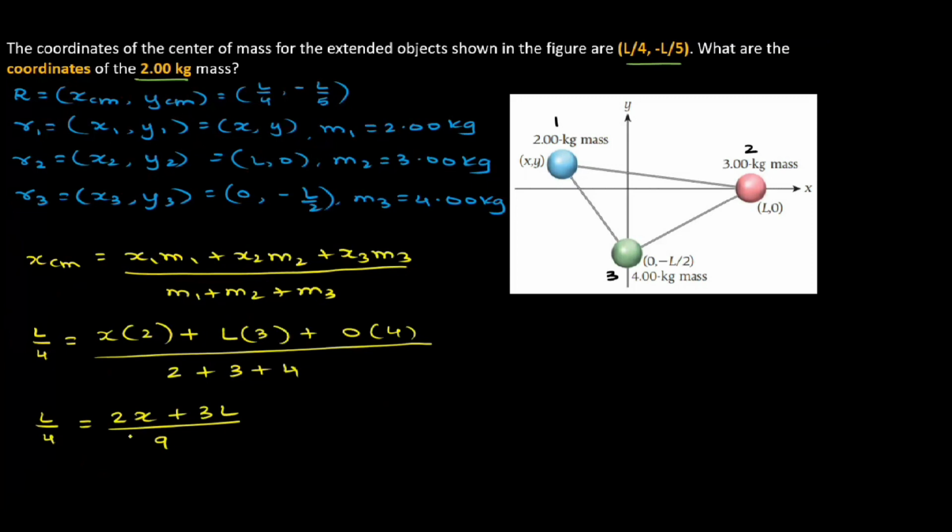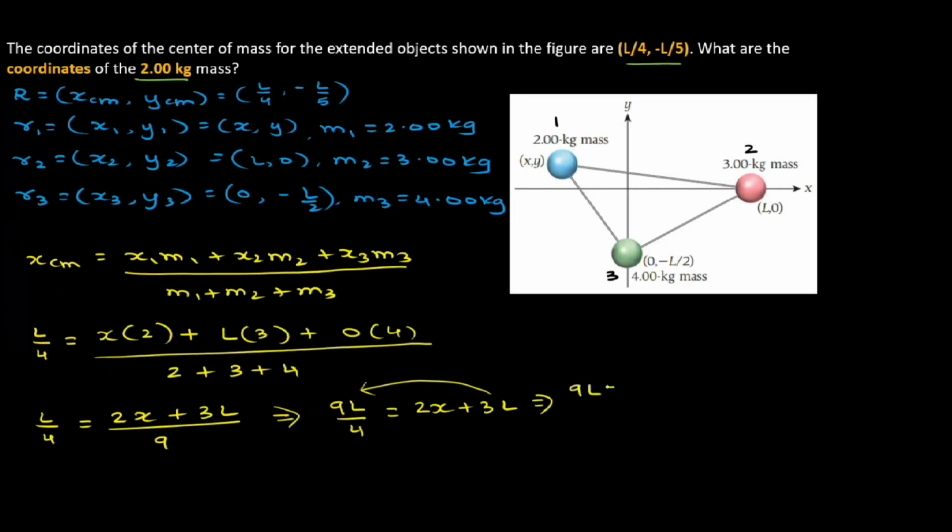So first thing I'm going to do is multiply both sides by 9 because I need to get rid of this 9 in the denominator to solve for x. When you multiply both sides by 9, you get 9L by 4 equals 2x plus 3L. Now I'm going to move this 3L to the other side to leave 2x alone. Since this is positive here, when I move it to the other side, it becomes negative.